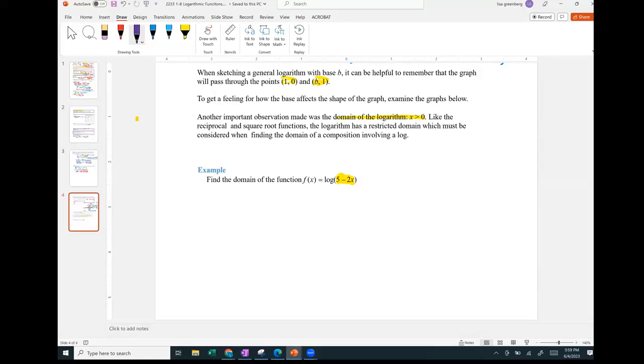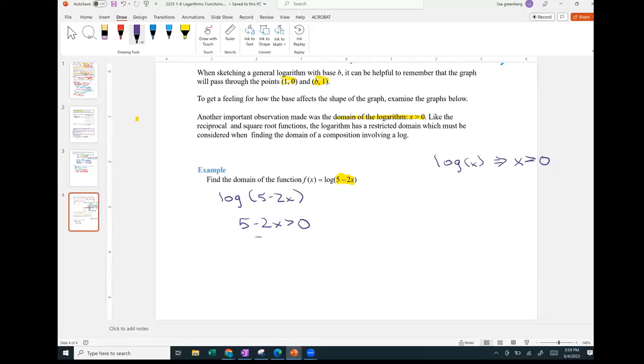So we said that if we have log of x, then x has to be greater than 0, not greater than or equal, greater than. So if I have the log of 5 minus 2x, and I want to know what the domain is, I have to say 5 minus 2x has got to be greater than 0. And now it's pretty easy to solve.